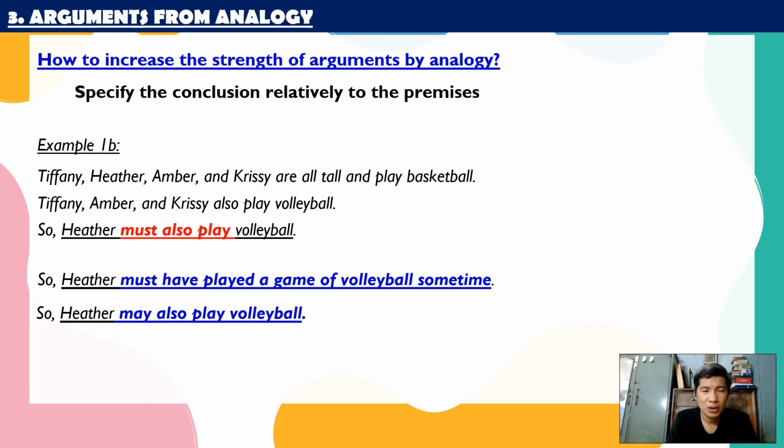Okay? Don't try to be so strong, or you are going to reveal your weakness and people are going to attack that point. Then maybe you are going to reveal your critical premise and people can attack that critical premise and you fail. Especially for the thesis defense in the future.